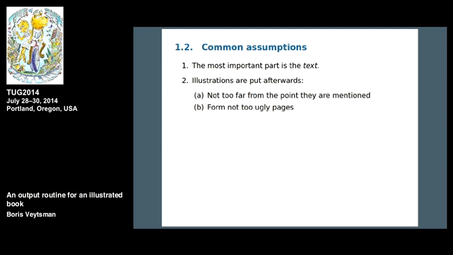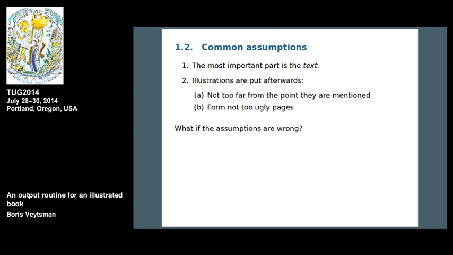I probably don't want to put table 1 after table 2, so the streams should be ordered, and so on and so forth. But the main idea is that you arrange text, and then you arrange illustrations.